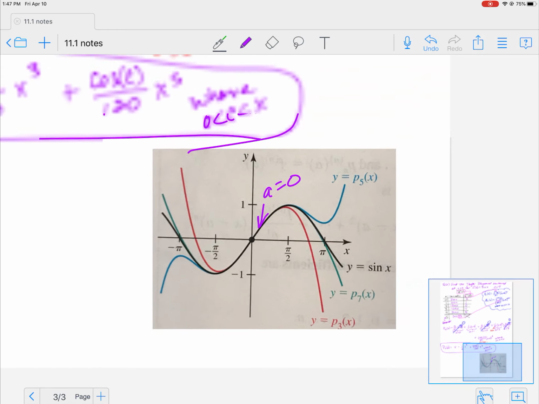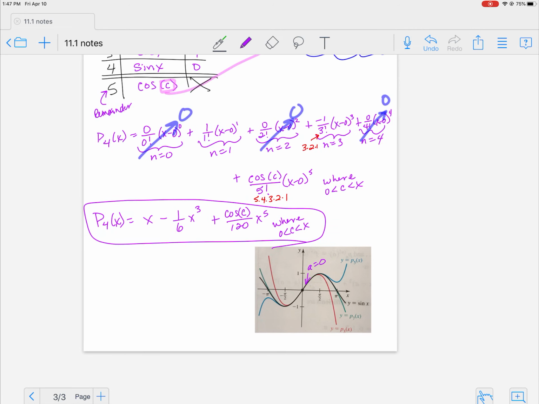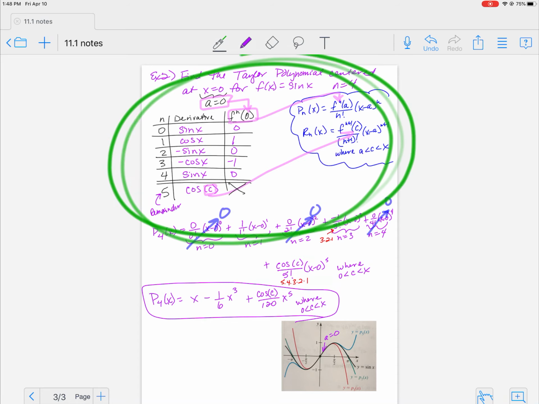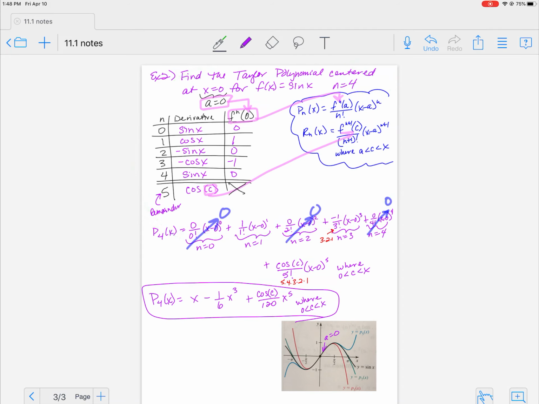Now we are sucking this in for our intents and purposes. If you actually had legit data that you're trying to work with, that is the whole purpose and reason behind a Taylor polynomial. In order to be able to apply this, you have to learn how to do it. And that's our job. In this class, our job is to learn the ins and outs of a Taylor polynomial.